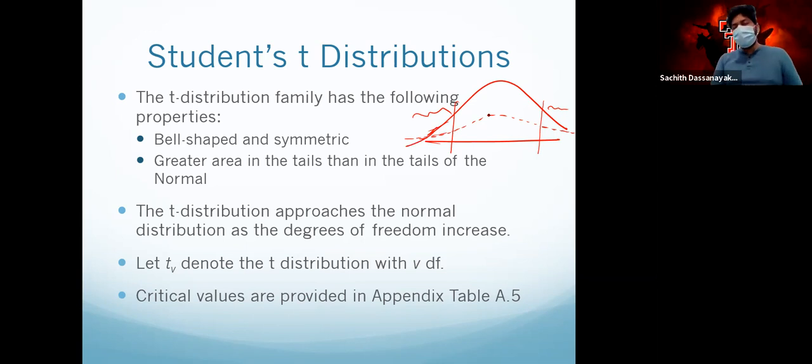So you will see that we have greater tail area than the normal distribution. There is a strong relation between the T distribution and the normal distribution. Once we increase our n, we can approximate to a normal distribution.